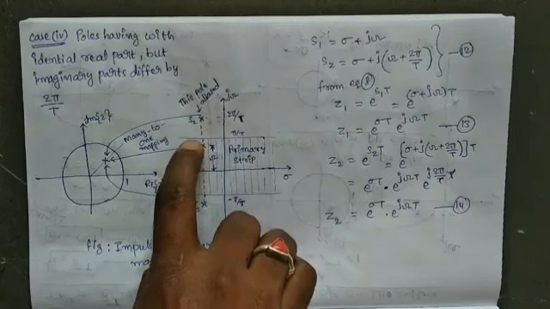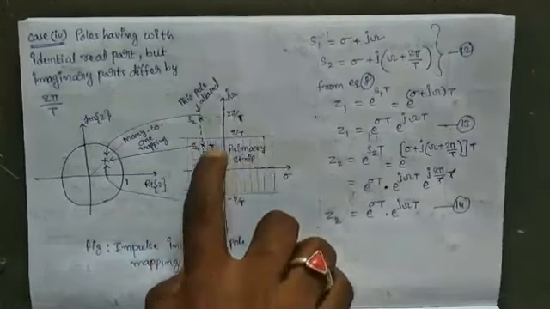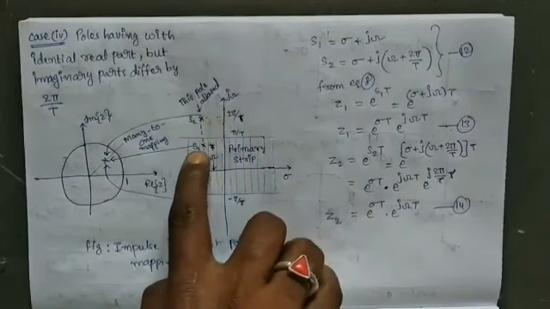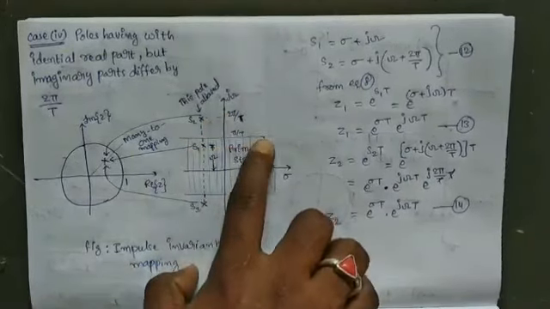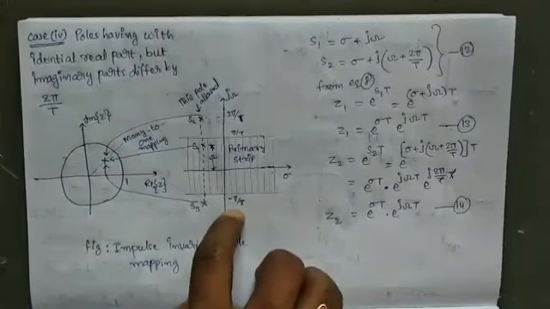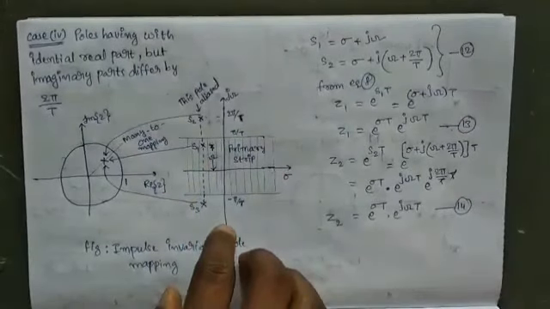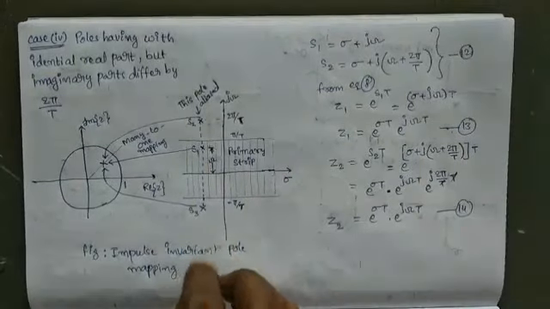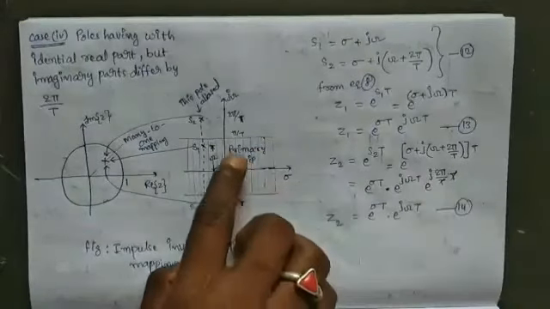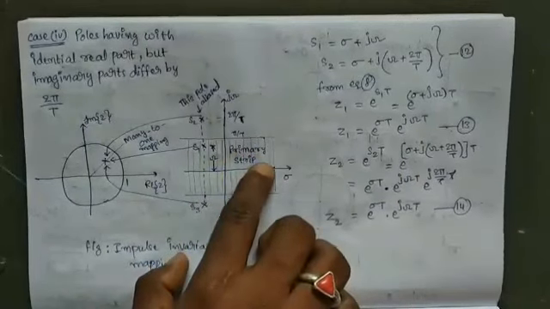S plane poles with imaginary part greater than pi by T or less than pi by T cause aliasing when sampling analog signals. These analog poles will not be aliased when the poles are confined within the primary strip.